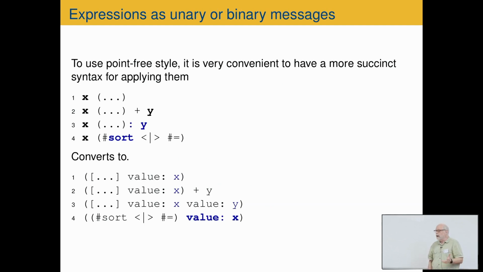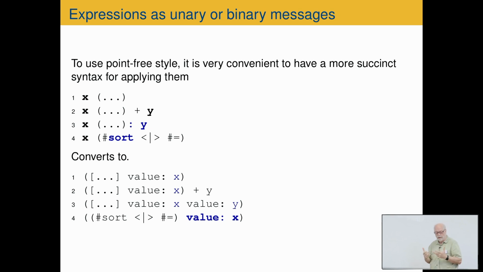To use point-free style, it's very convenient to be able to express this rather than having to say value all the time. So here's a more succinct syntax. Basically, you can use a parenthesized expression in operator position, and it will do the equivalent in the bottom.